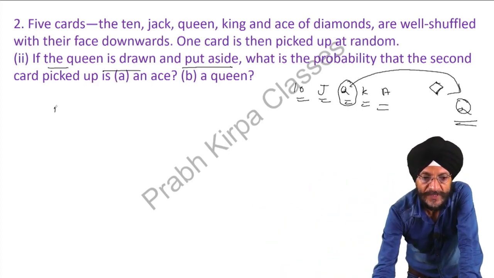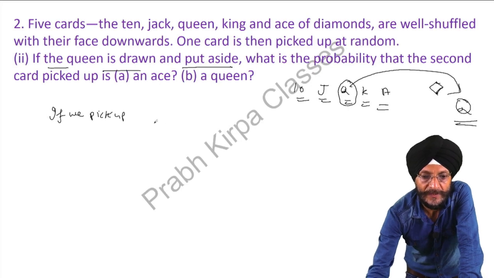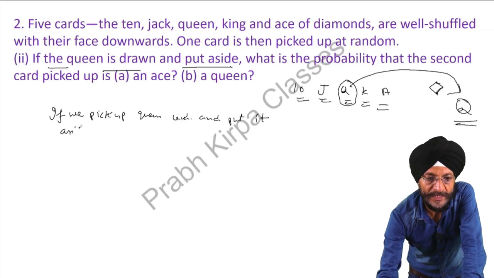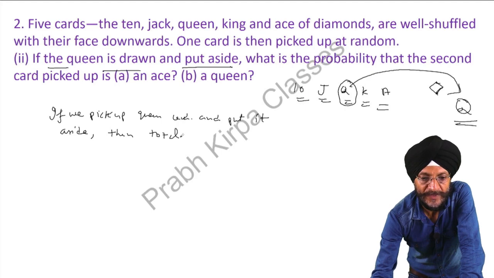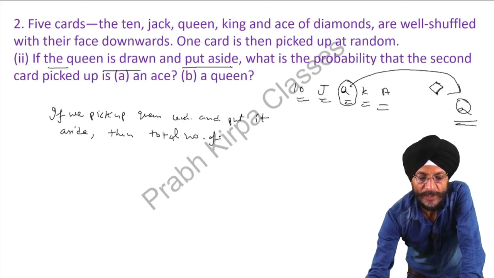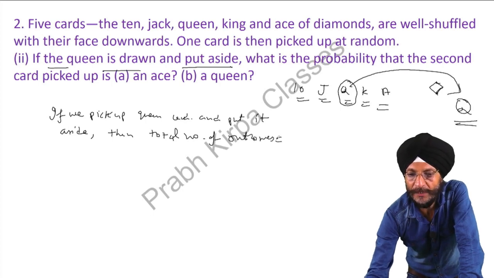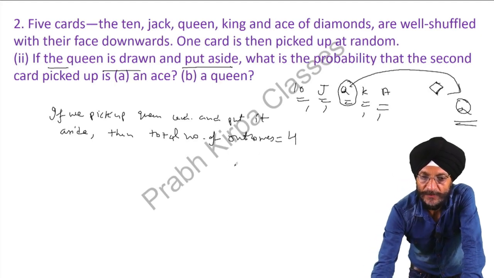Now if we pick up the Queen card and put it aside, then the total number of outcomes, or the total number of cards which are balanced, are 1, 2, 3, 4. Total number of outcomes is 4.